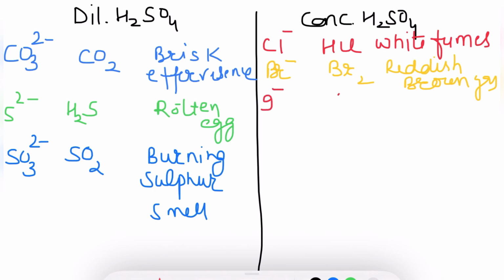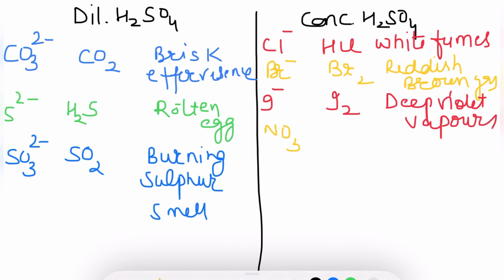Iodide produces iodine, deep violet vapors. Nitrate produces NO2 gas with concentrated sulfuric acid, which is a brown gas. In order to intensify this nitrogen dioxide gas, we either use a paper pellet, which acts as a reducing agent, or a copper turning.